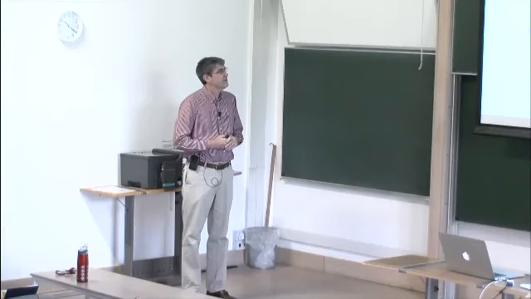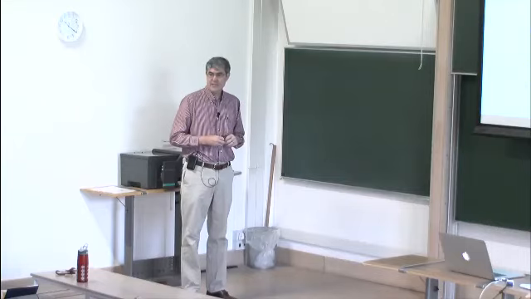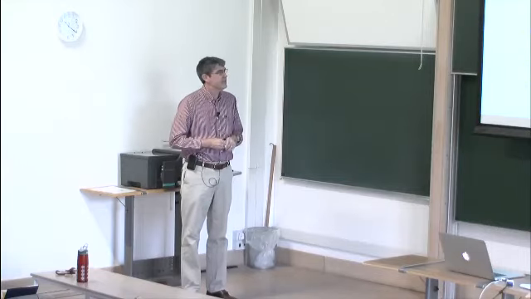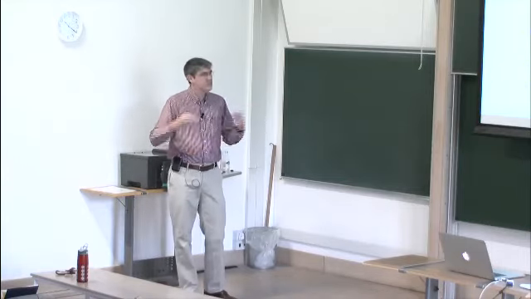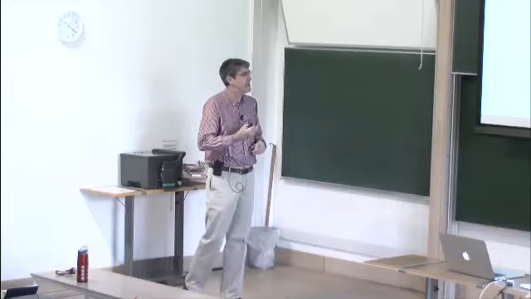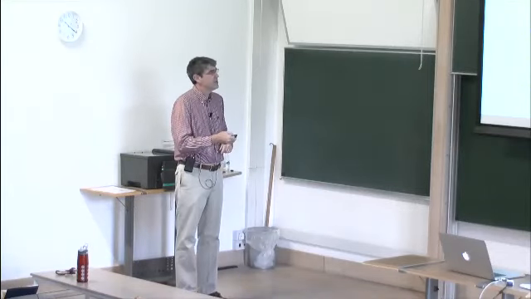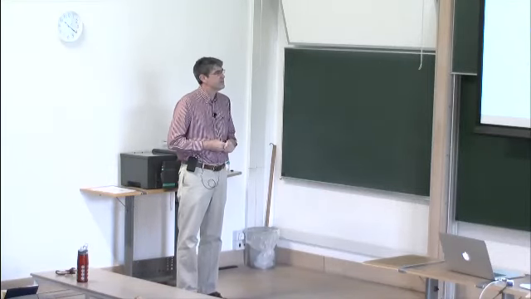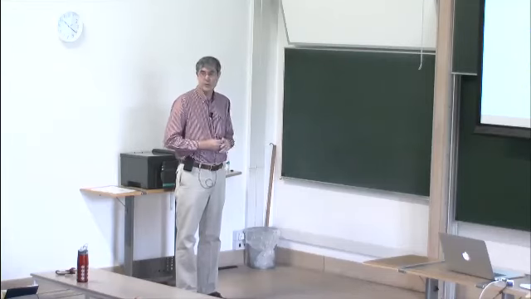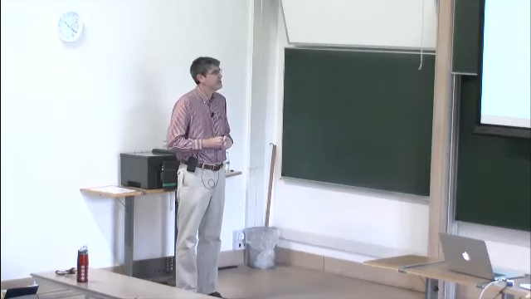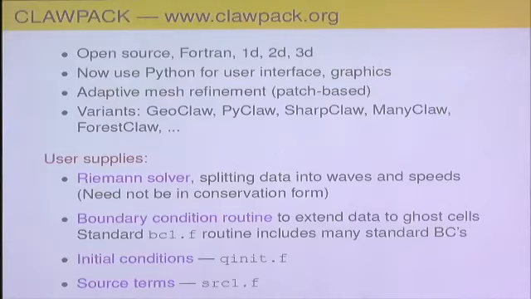PyClaw is a version that uses Python more extensively and is also coupled with PETSc for running on massively parallel computers using the MPI that's built into PETSc. SharpClaw is a version that former student David Ketcheson at KAUST has developed for doing higher order methods using WENO approximations, so higher than second order.